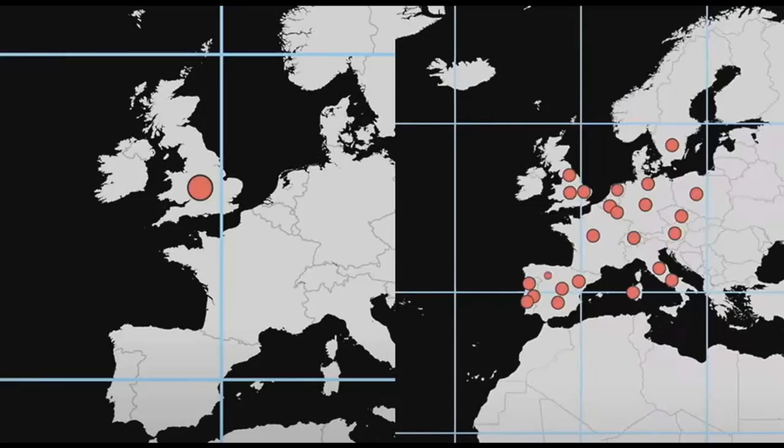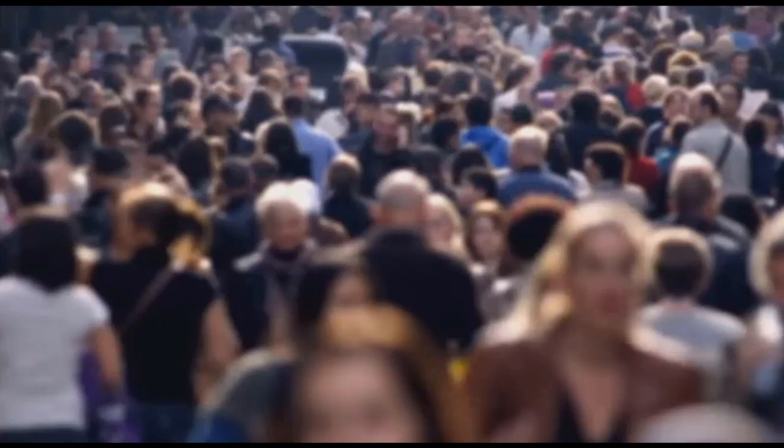Then several countries in Europe reported monkeypox, especially Portugal, Spain, and Italy. So it became not only a local endemic, but it was transmitted from person to person in multiple countries and multiple sites.